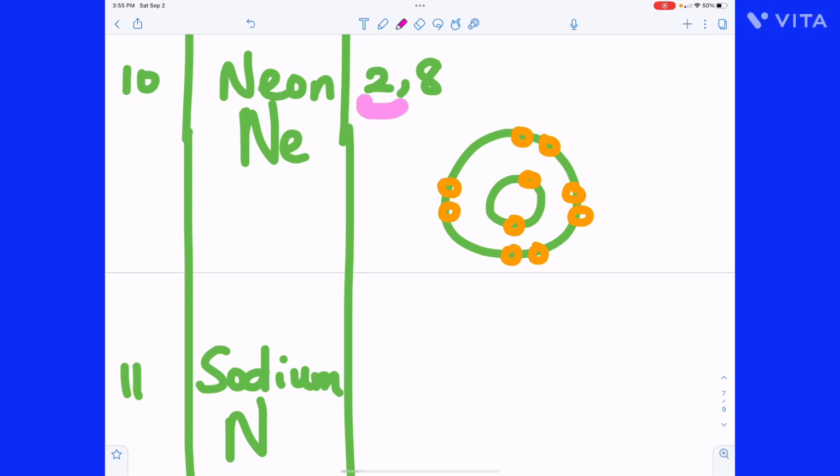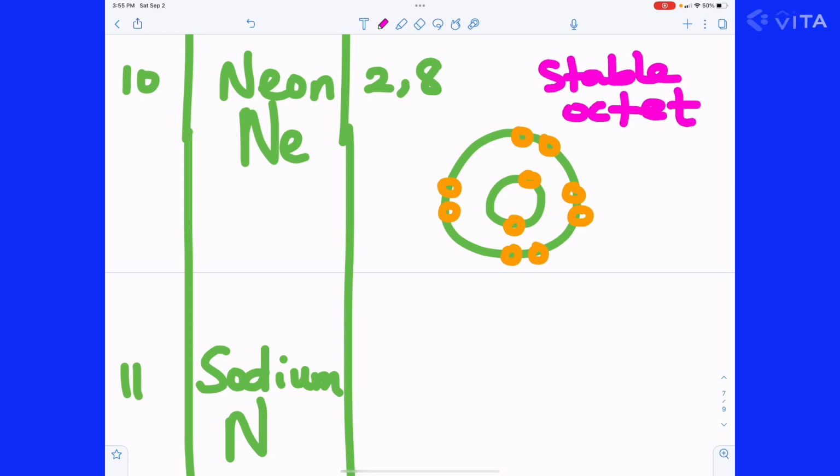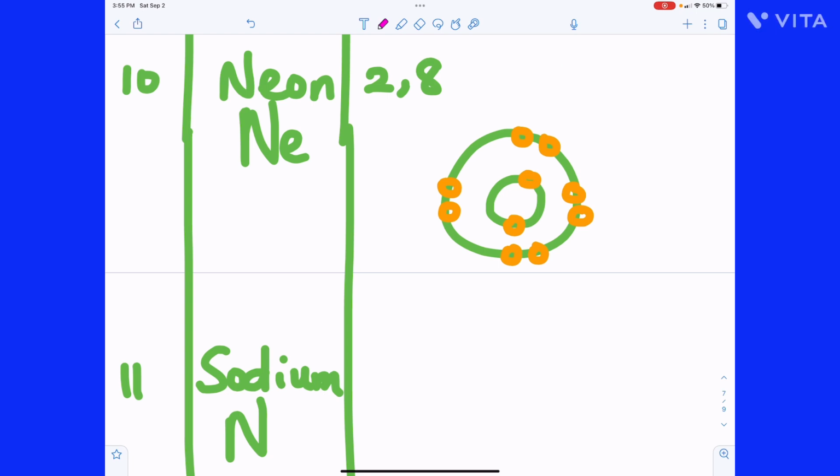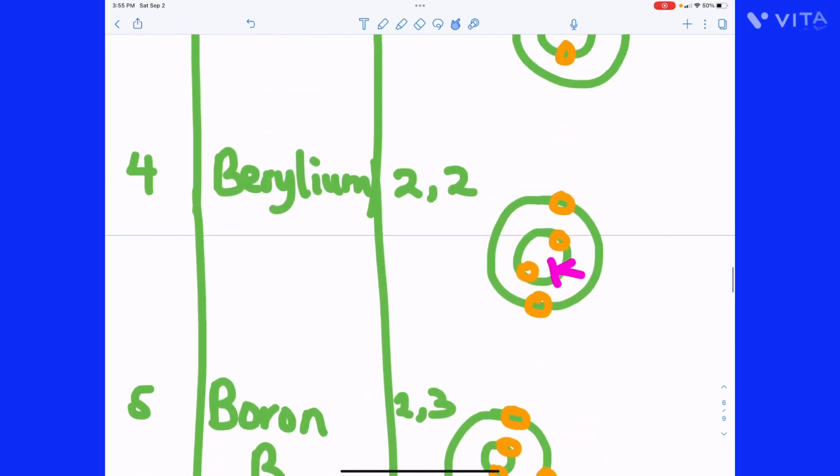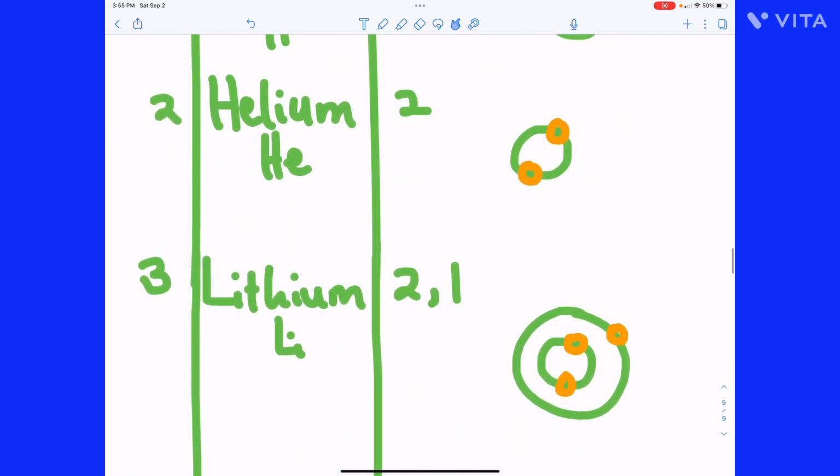So we say neon attains a stable octet configuration. We will be using that later. Just take note. All of these others did not attain stable octet configuration, but helium 2 attained stable duplet.